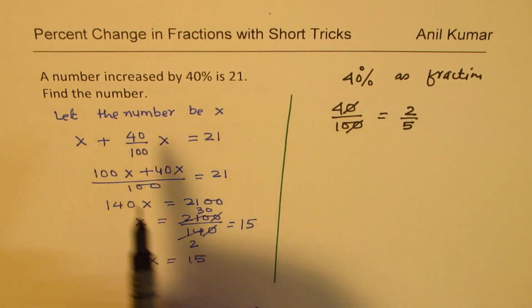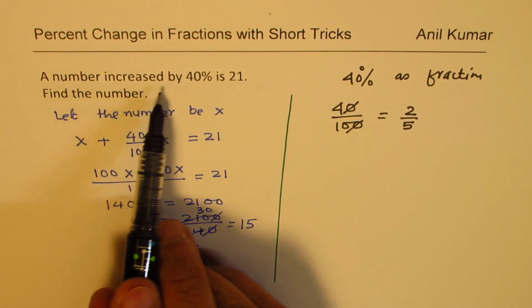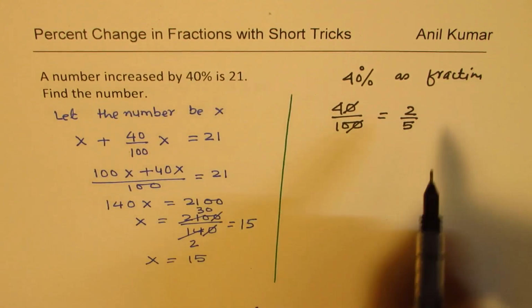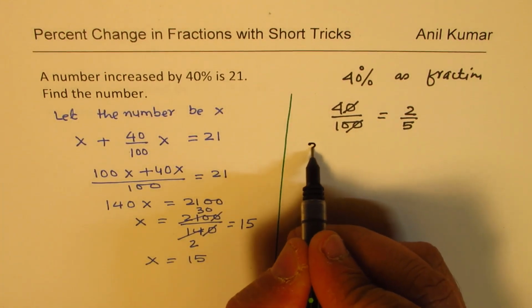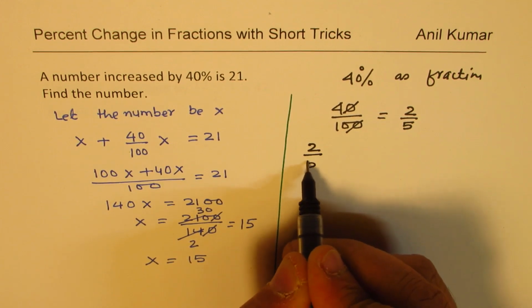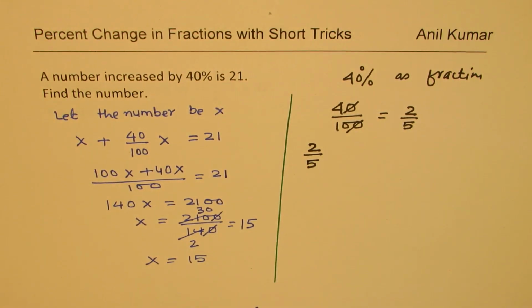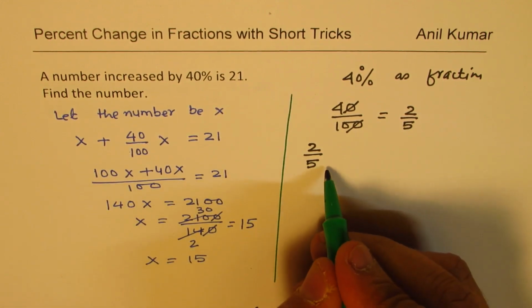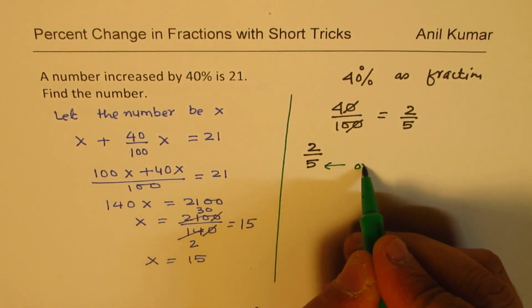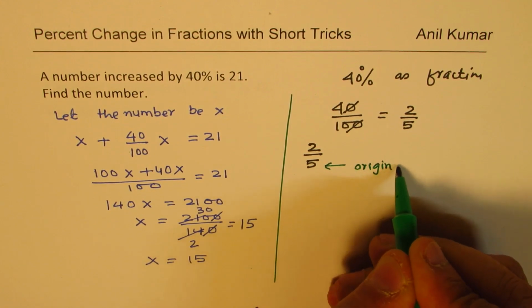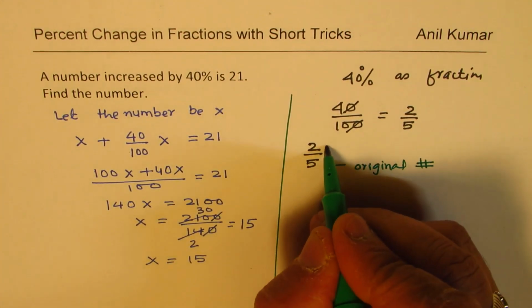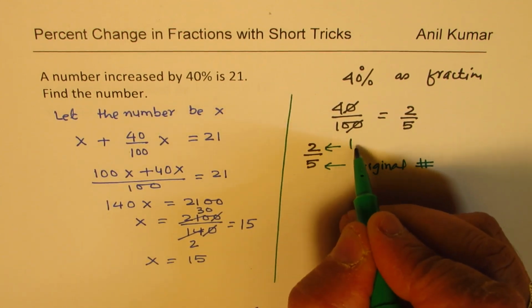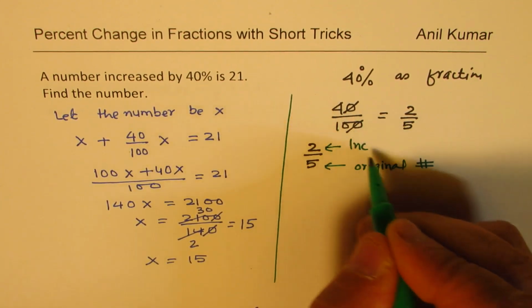So the number here is, when we say a number increased by 40% is 21, now try to observe this number 2 over 5 itself. It means that if you take 5 as your original number, in that case 2 is the change by 40%.